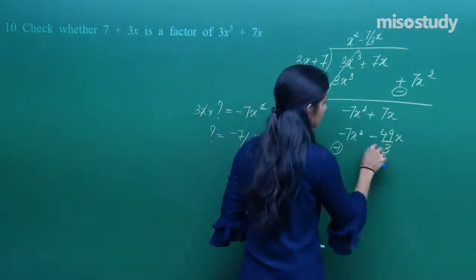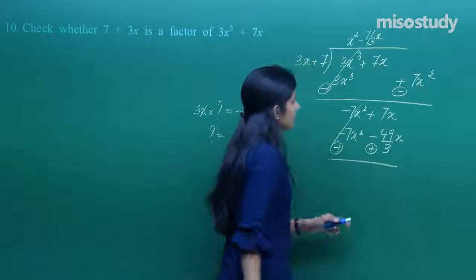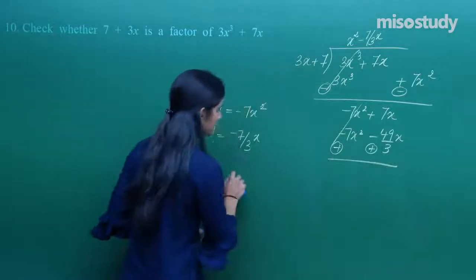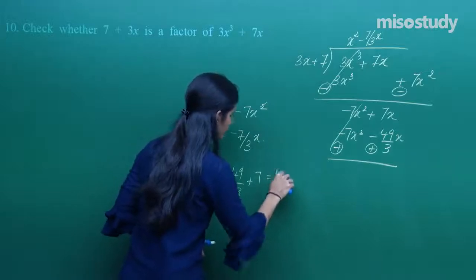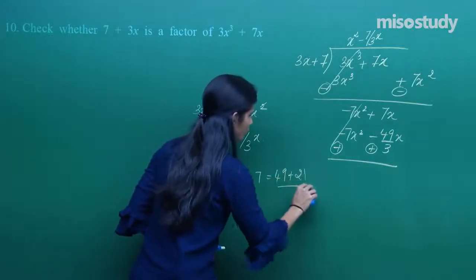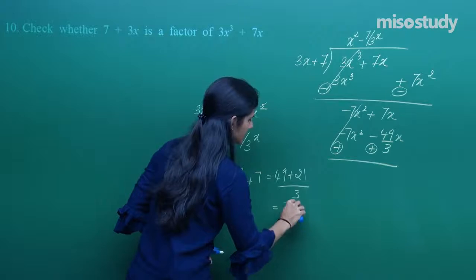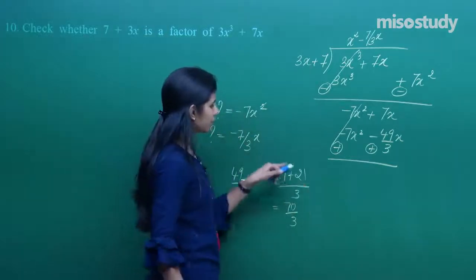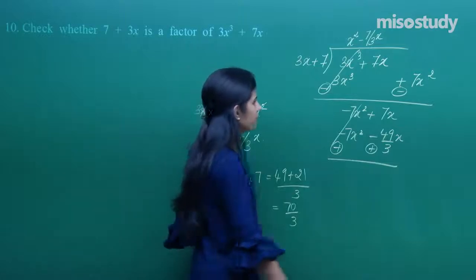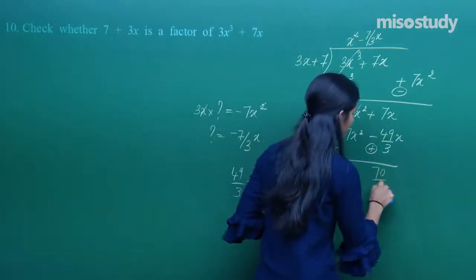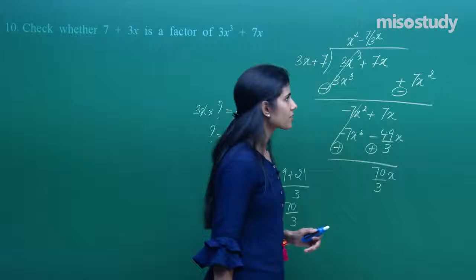This is plus, this is plus. 49 by 3 plus 7 gives you what? 49 plus 21 whole upon 3. This gives you 70 upon 3, so 70 upon 3x.